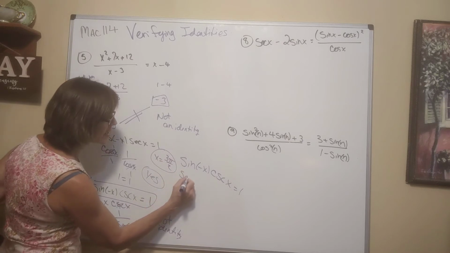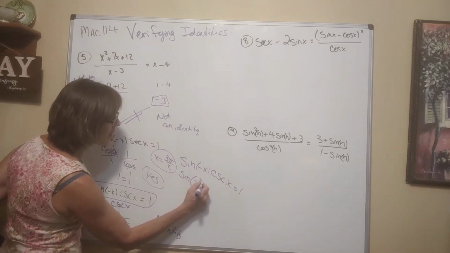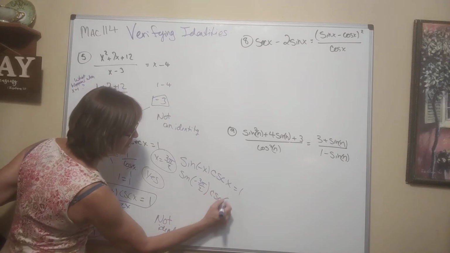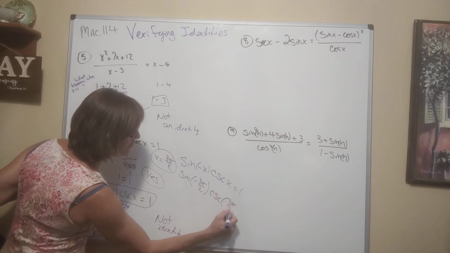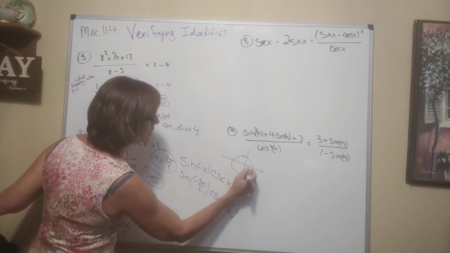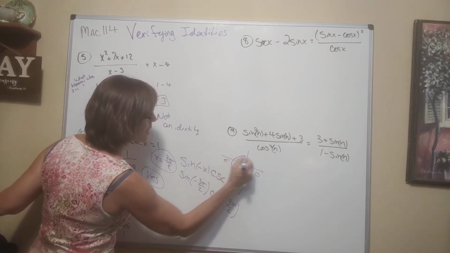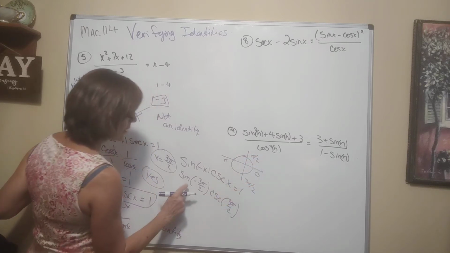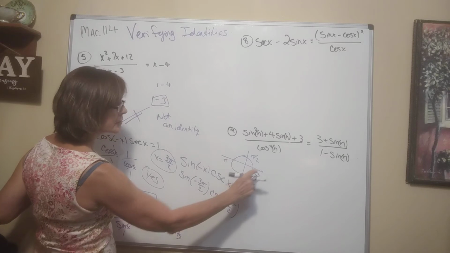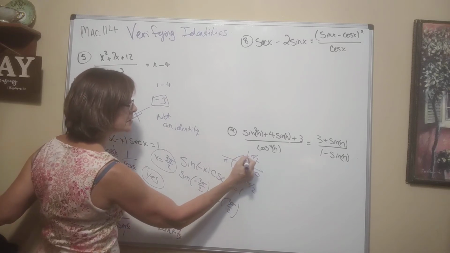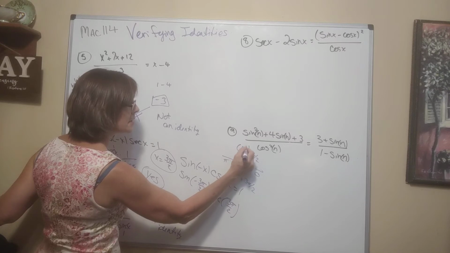The sine of negative 3 pi over 2 times the cosecant of 3 pi over 2. What does this equal? This is 0, this is pi over 2, this is 3 pi over 2. The sine of negative 3 pi over 2 means negative 3 pi over 2 is here. It's pi over 2, and so the sine is 1.